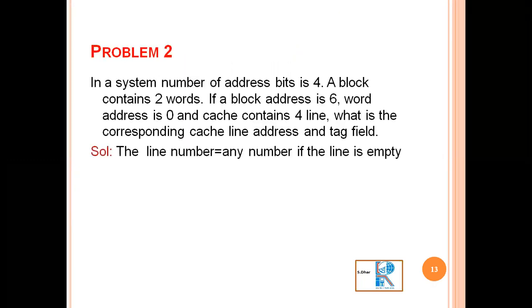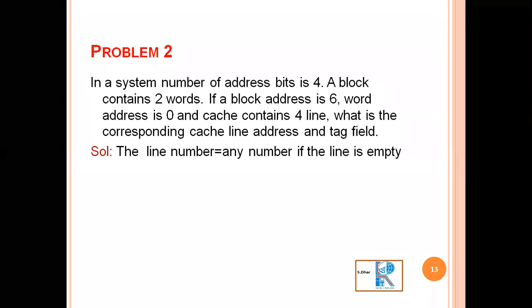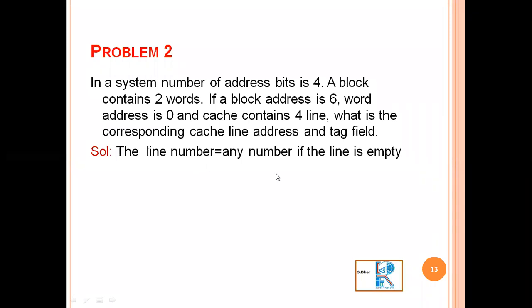Clear? Suppose in a system, the number of address bits is 4, same problem. A block contains 2 words. If a block address is 6, word address is 0, and the cache contains 4 lines, what is the corresponding cache line address and tag field? Here the line number can be any number if the line is empty.